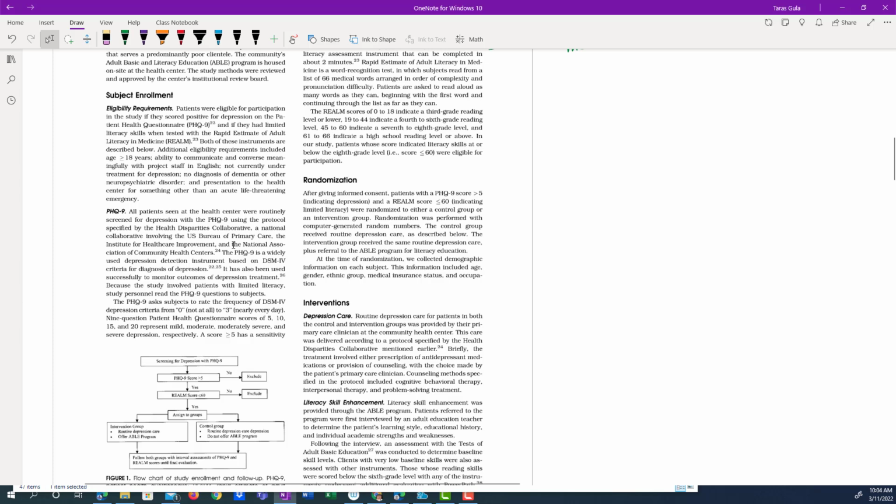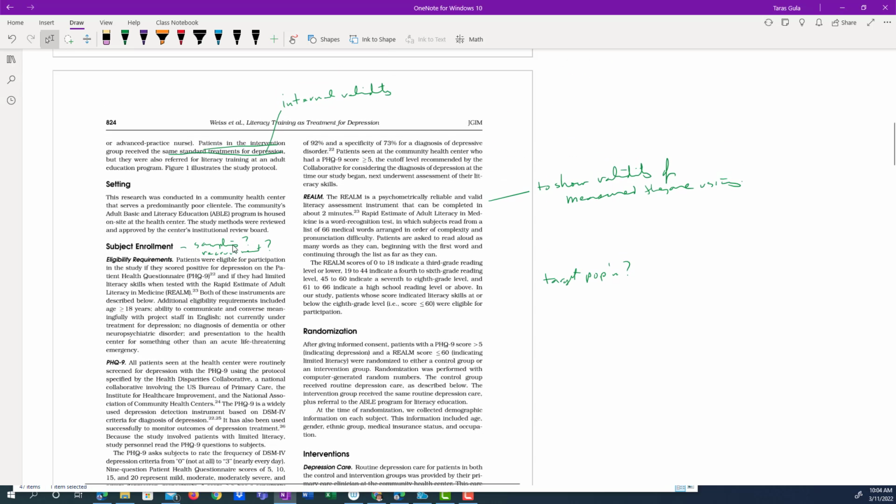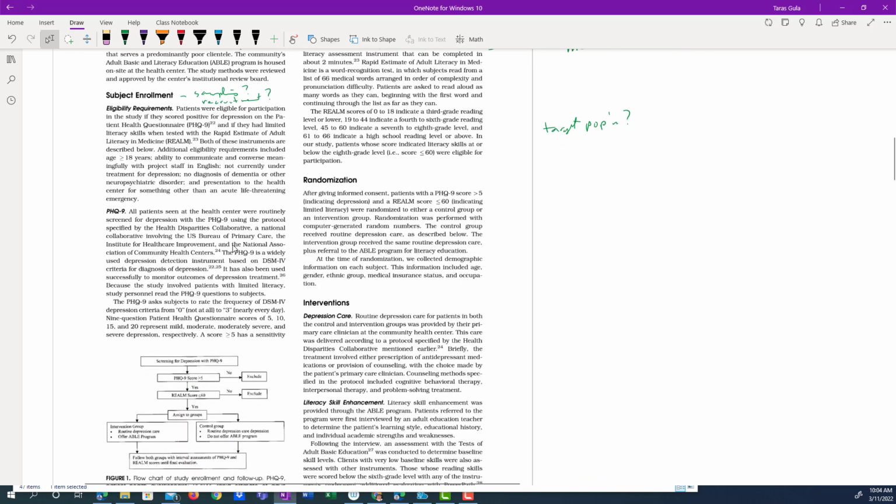Okay, subject enrollment. Is this sampling? Is this recruitment? Is there a target population? If we're talking about external validity, that's the first thing we have to look for. Patients were eligible for participation if they scored positive for depression. Fine.